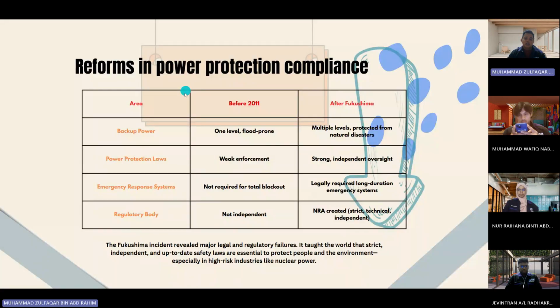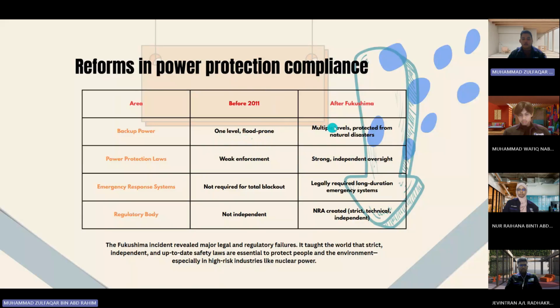The rows are the backup power, power protection law, emergency response system, and regulatory body. Before 2011, the backup power is one level, flood prone.